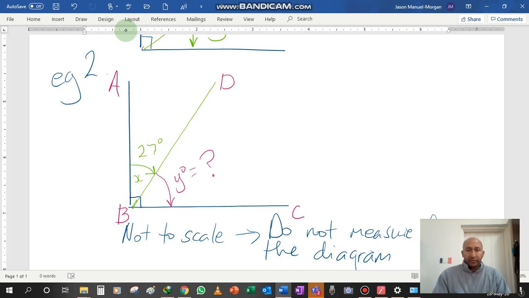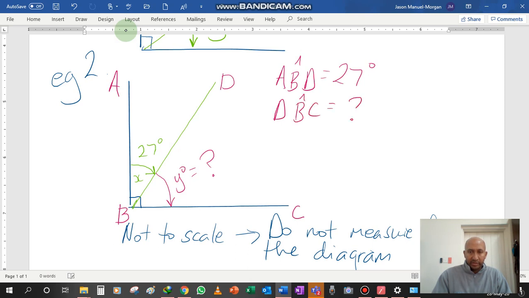So what we can tell from this sketch is angle x, or angle ABD, is equal to 27 degrees, and angle DBC is the one that we need to calculate.